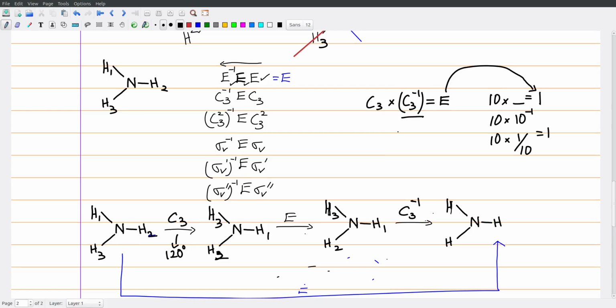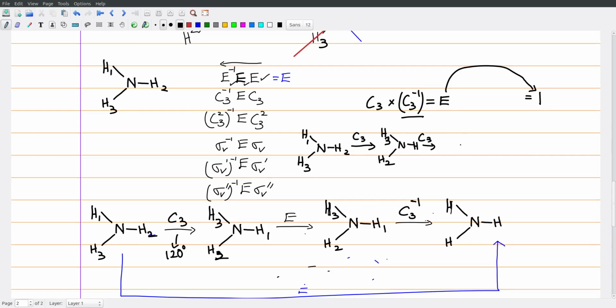What I usually recommend is that you take the ammonia molecule. Now you do a C3. What will be the answer? If you do a C3, it will be H3, H2 and H1. Now again you do a C3. Let me rub all this so that I get some space.